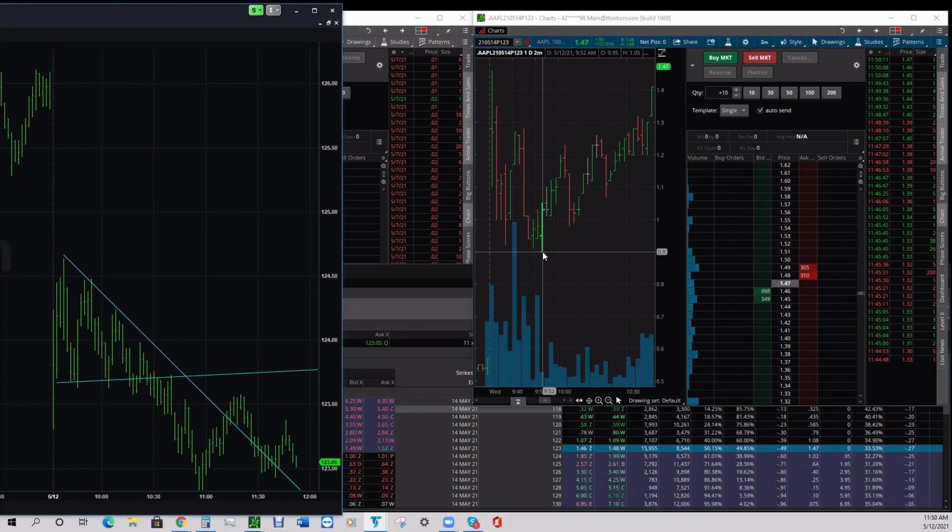So if you were doing it with one contract, you would have lost $10. 10 contracts would have equaled $100. That's what you would have lost. So on 10 contracts, if you had a 15-cent stop, your stop would be $150. Okay, cool. Your exit's $150 if it did come back and hit it.